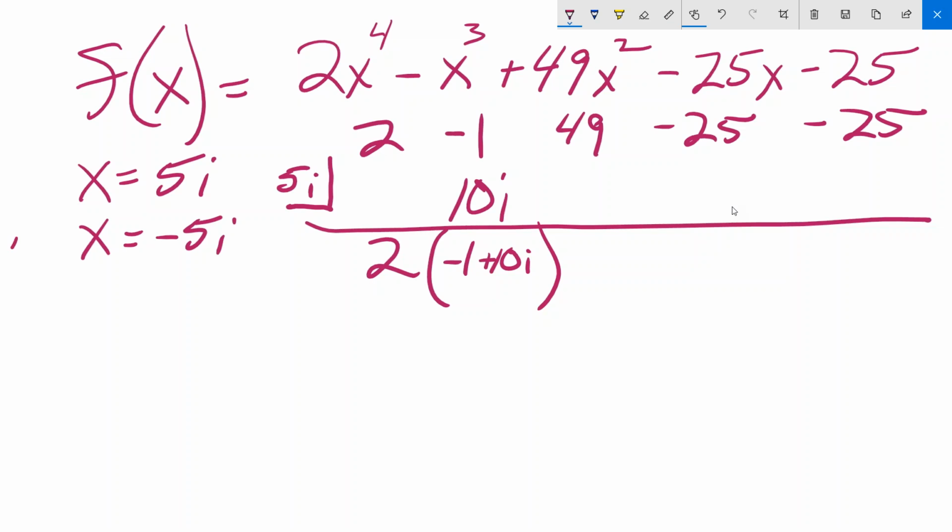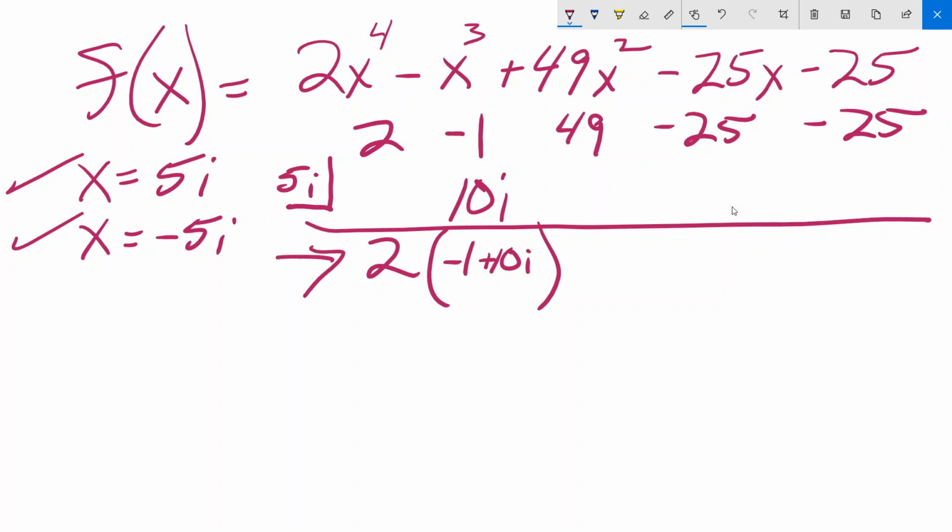After the second division. In other words, the first division is going to leave you with a lot of i's in your cubic. But then when you divide by minus 5i, all the i's will cancel out and you'll be left with a quadratic. You don't really care what this answer is.